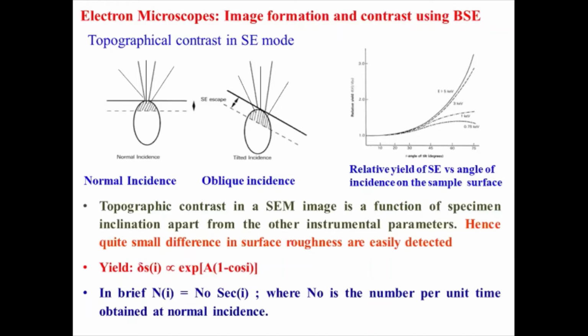So the surface normal is in this direction, so the secondaries will go along the normal. And here is the detector. So obviously the secondaries emitted from this area will not reach the detector, or the amount of secondaries reaching the detector will be less. As a result, this area will appear dark. So you get the contrast. Mathematically, this is given as delta Si is proportional to exponential of A (1 minus cos I), where I is the angle of incidence.